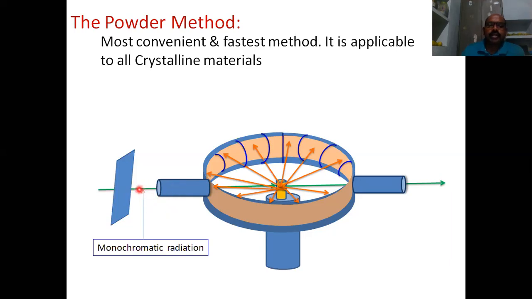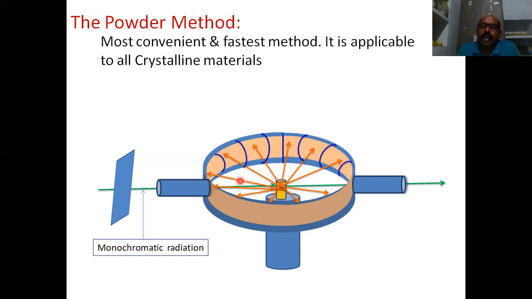Hence lambda is fixed. Since there are different crystals in different orientations, the planes are also oriented in different directions, and hence the angle is variable. The angle is different for different planes. Corresponding to different planes and different angles, we observe the diffraction pattern.